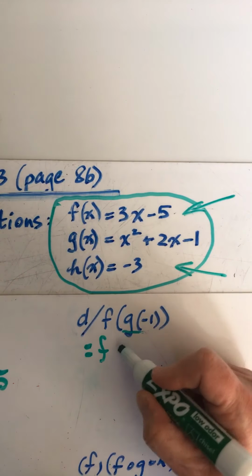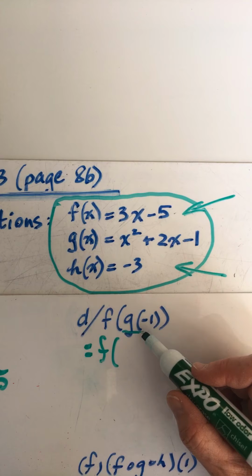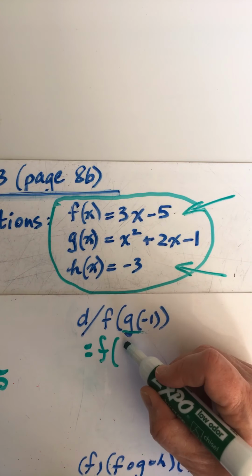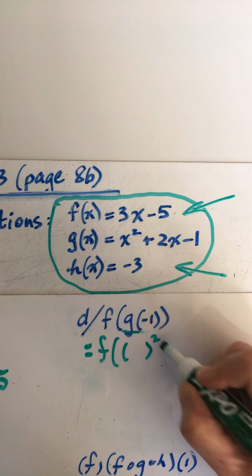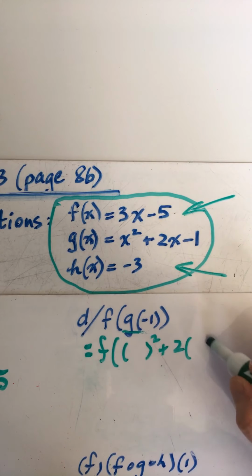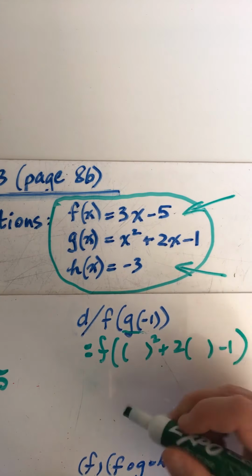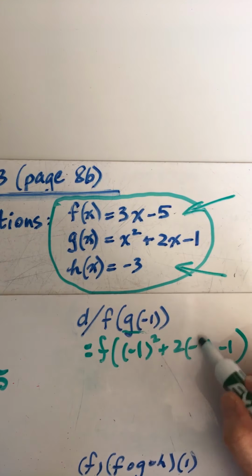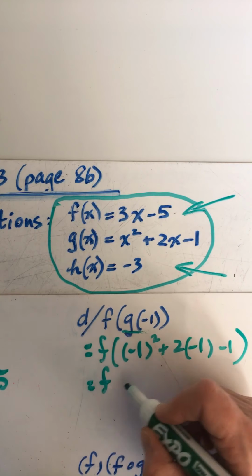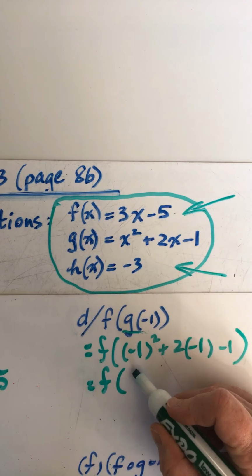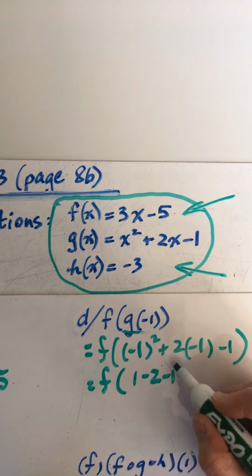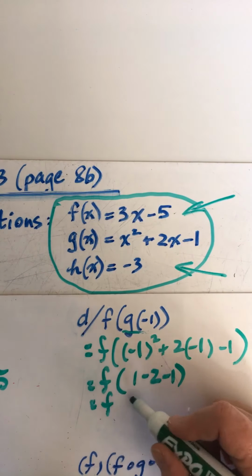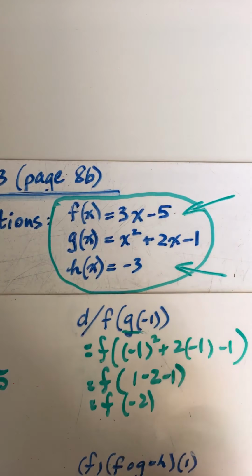We can say f of, and then we can do the g of negative 1 in here: x squared plus 2x, subtract 1, and that's where the negative 1 goes. We're just doing this bracket here, so 1, subtract 2, subtract 1, which is f of negative 2, and then the rest is the same as before.